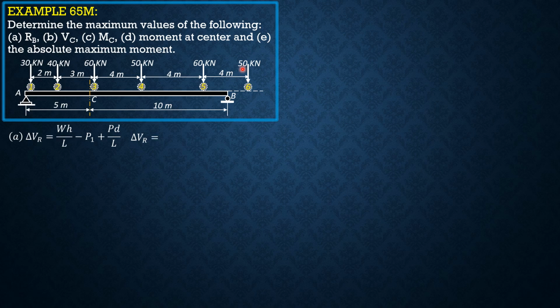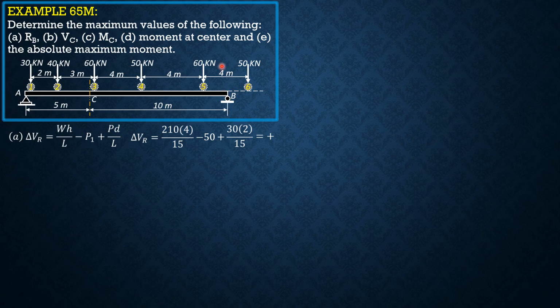So delta VR is 210 times 4 over 15 minus 50, then plus 30 times 2 over 15. And that is positive. So next, load 4 over B. There will be no incoming load already.